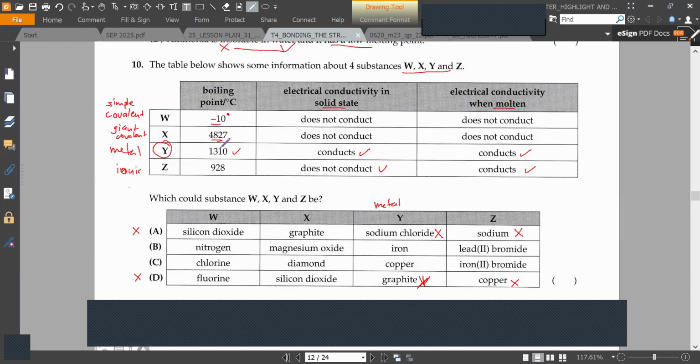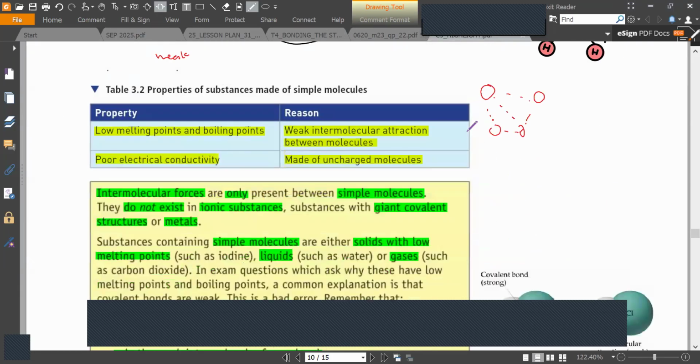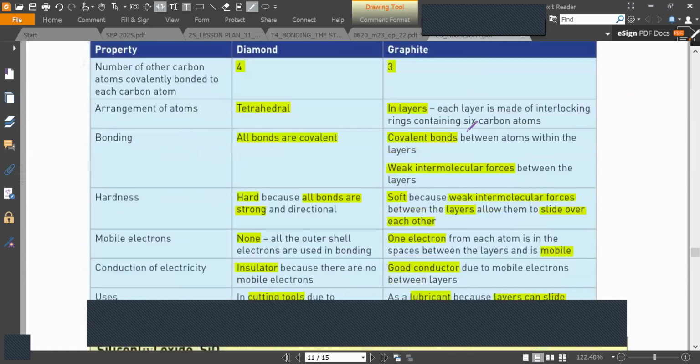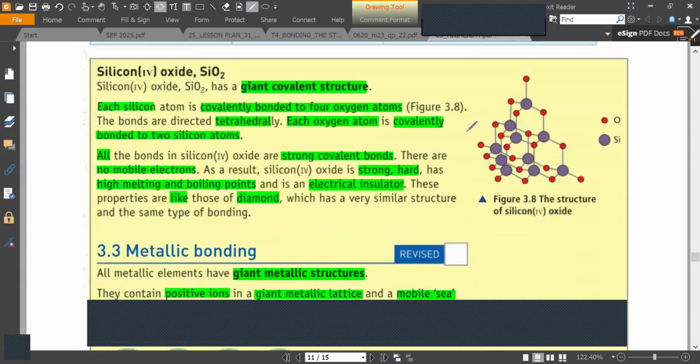So we'll see one by one. Z is ionic. X is giant covalent. W is simple covalent. So silicon dioxide, if we come back to our notes, silicon dioxide is giant covalent.